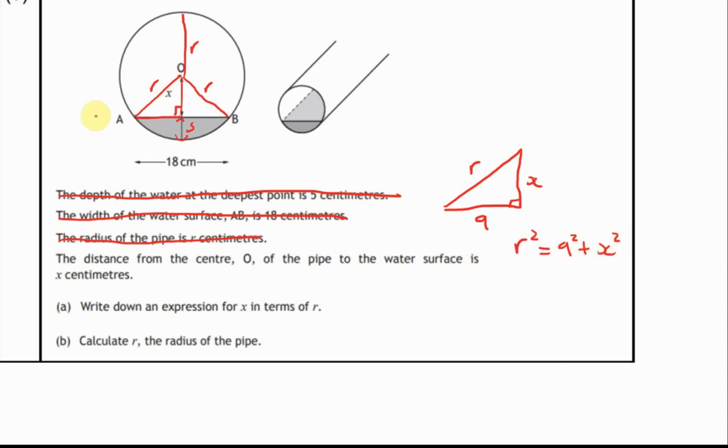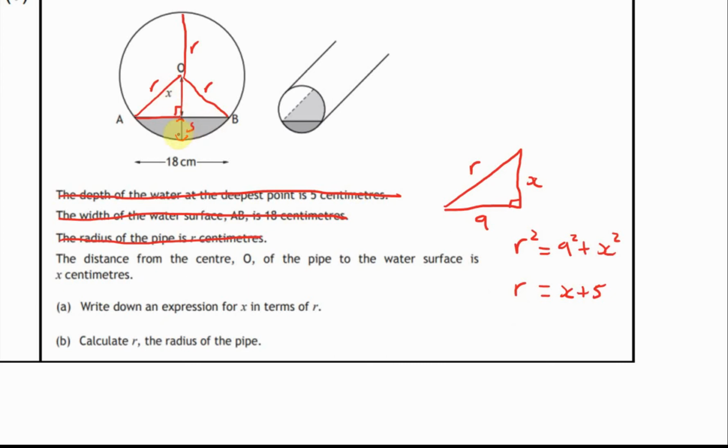That's not exactly what the question is initially asking, as that's probably more to do with the second part. Write down an expression for x in terms of r. This whole line is r. From there to the base is r. So r is equal to x plus 5. That's probably the trickiest bit, I think.